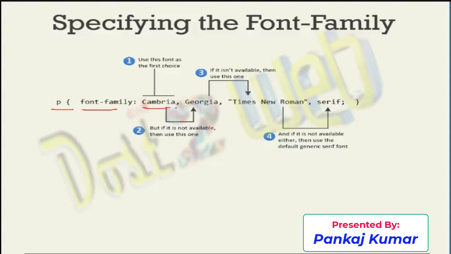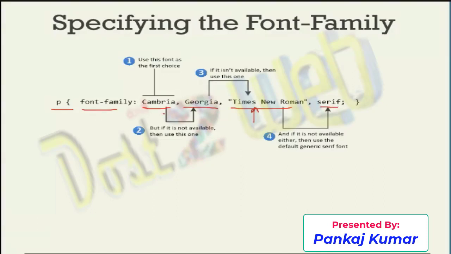If it is not there, then Georgia will display. If it is not there, then Times New Roman. Times New Roman is there by default on every computer, for users as well as developers. Even if it is not available, it will go with the serif font.